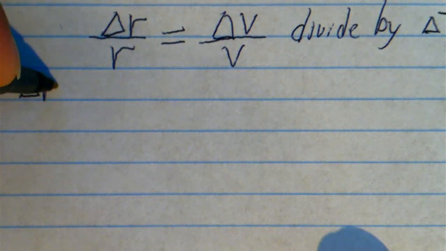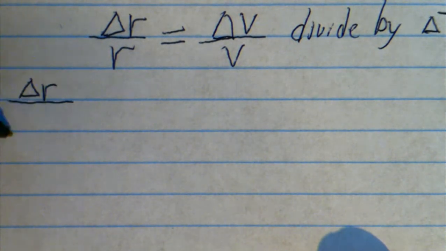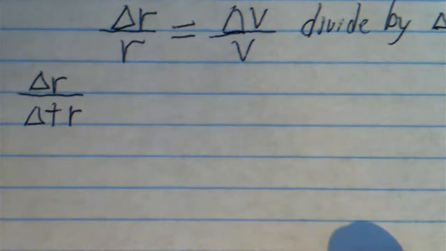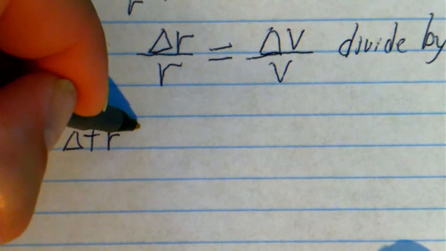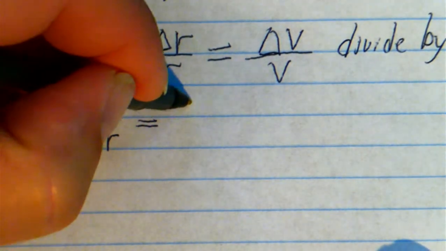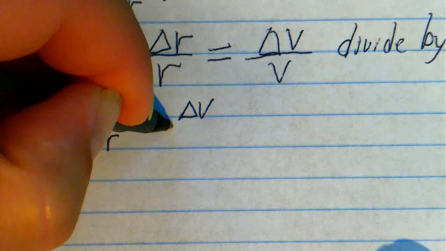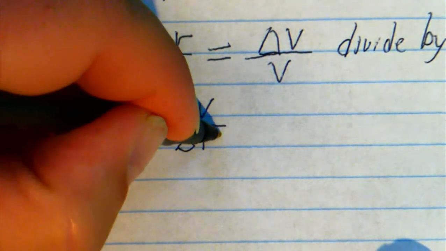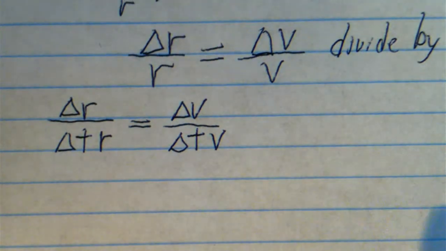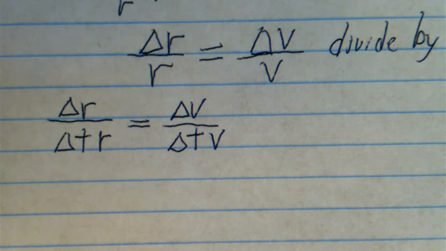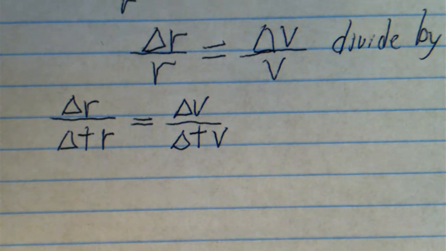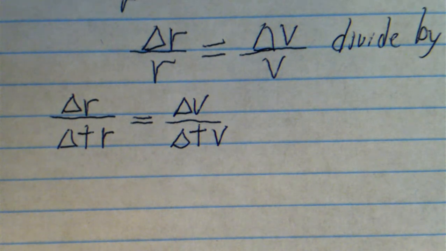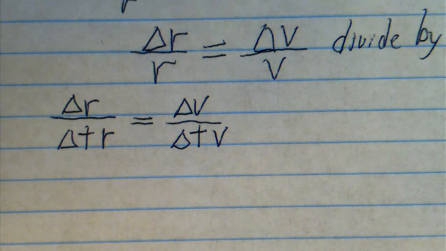Delta r divided by delta t divided by r on the left is equal to delta v divided by delta t divided by v on the right. And now, two little substitution tricks.